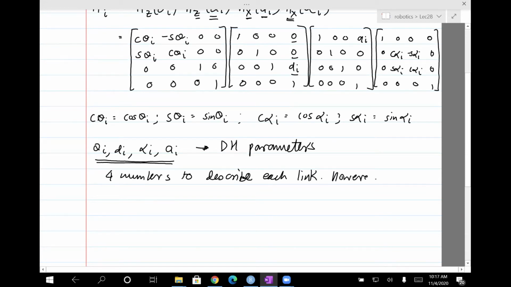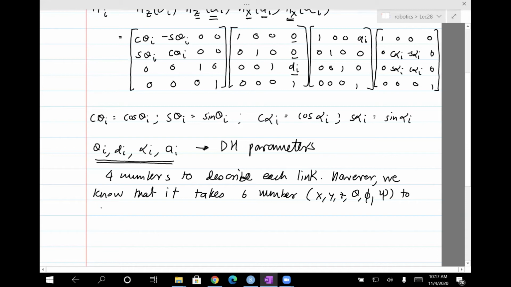However, we know that it takes 6 numbers. So it will be x, y, z, theta, phi, psi to describe position and orientation of each link.